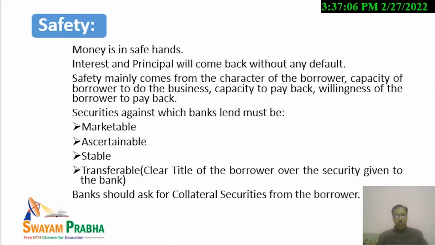The borrower should have a clear title over the collateral security given by him or her to the bank. So it should be kept in mind. And the bank should also ask for some collateral security from the borrower. These things are required to be ensured by the banking institution itself.